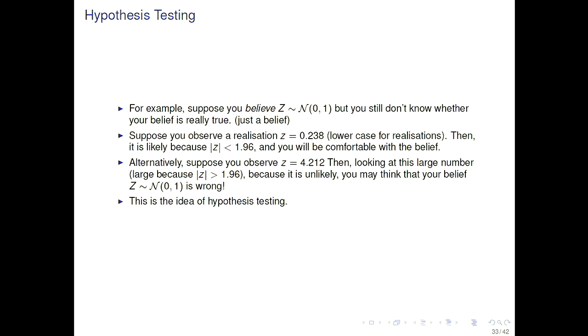So what we argued last time is that this event, that the random variable is between these 2 cutoff points, is very likely, 95%. And the other event, that the random variable is greater than 1.96 in absolute value, is very small.